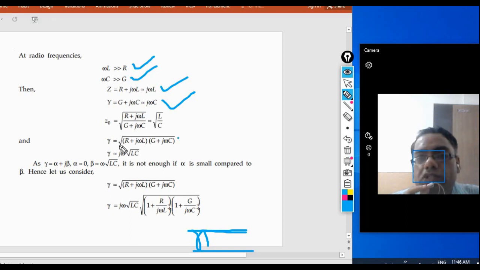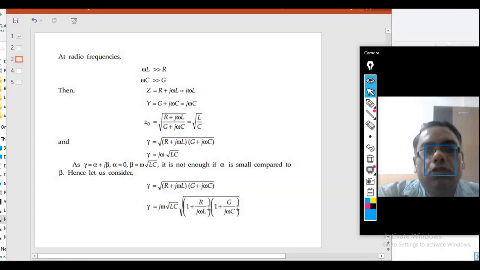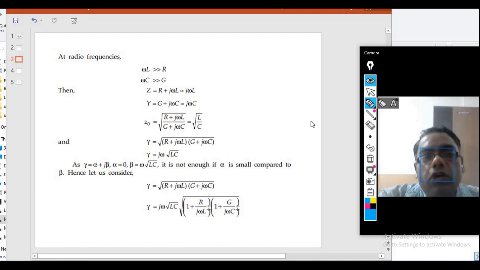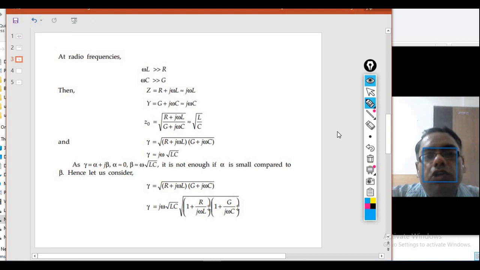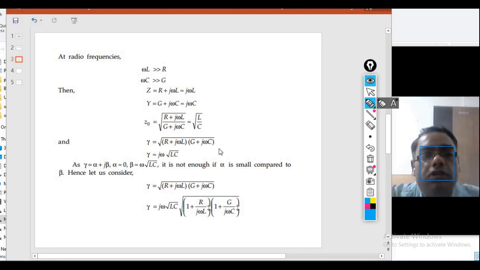Similarly, consider the propagation constant. The loss is accounted for by alpha, the attenuation constant. So alpha accounts for the loss in the transmission line. If I consider the line to be lossless, then we will get the alpha value as 0.